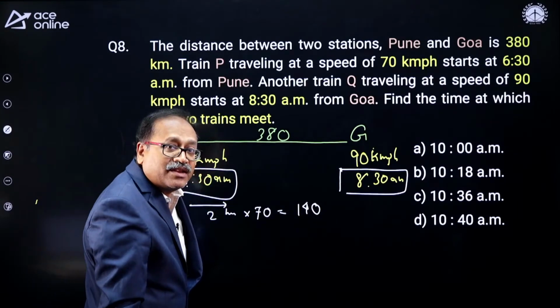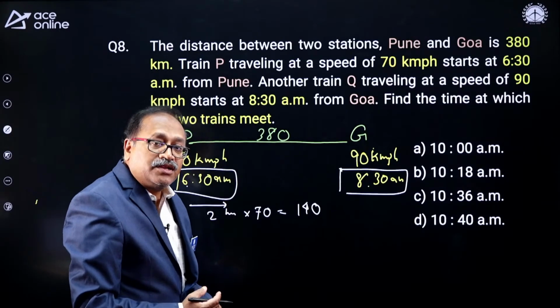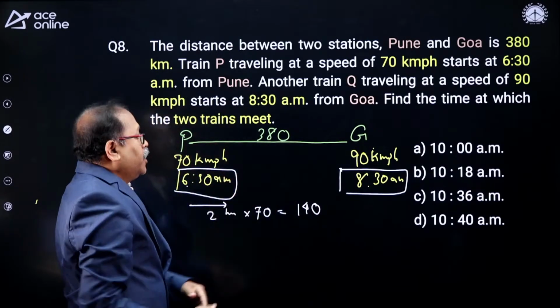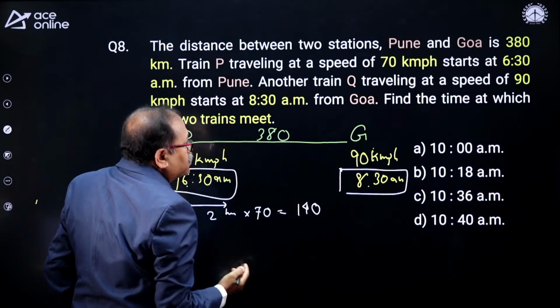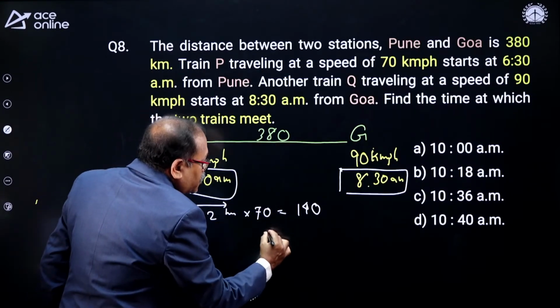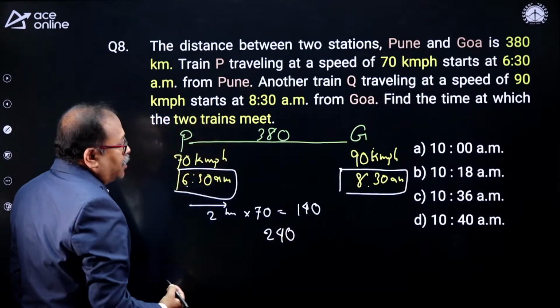Let's see if Sai is correct or not. What is the remaining distance which they cover with the relative speed? Because at 8:30 this train also starts. So that is 380 minus 140, I will get 240. Am I right? Yes.